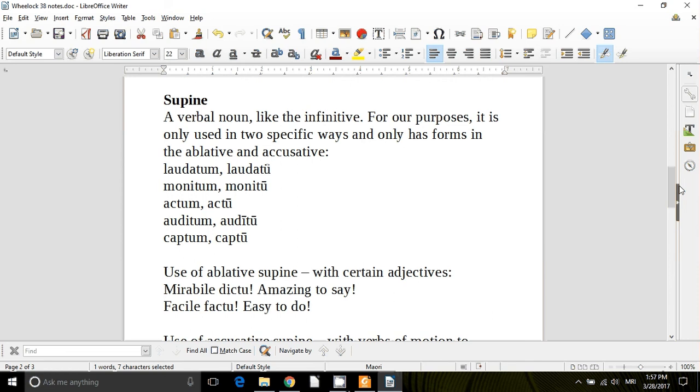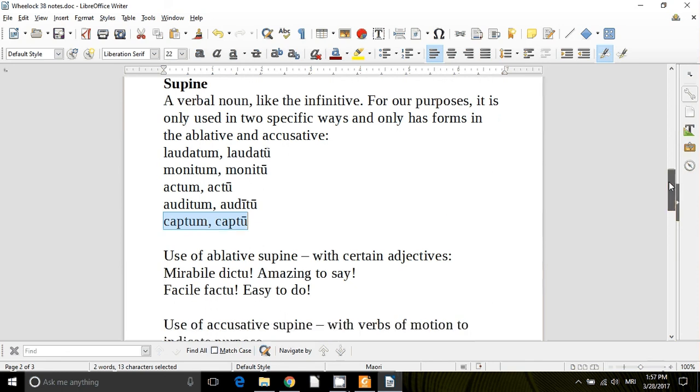And then the supine. The supine is actually a whole other part of speech. It's another verbal noun, like the infinitive. But for our purposes in classical Latin, it's very rarely used, and it's really only used in two ways. It only has two cases, the accusative laudatum and the ablative laudatu, and then all the other conjugations, monetum monetu, actum actu, aditum aditu, captum captu.